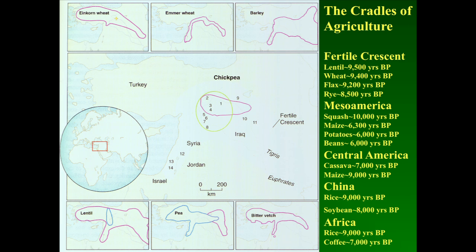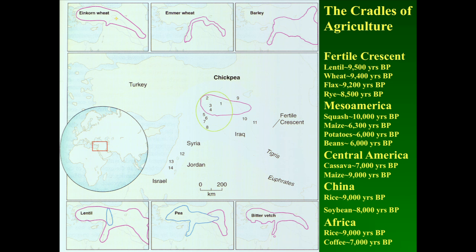But that area gave rise to the domestication of lentils about 9,500 years ago. Wheat, flax, rye, all came out of that area at around that same time. Goats were also domesticated at around that time as one of the first domesticated animals.